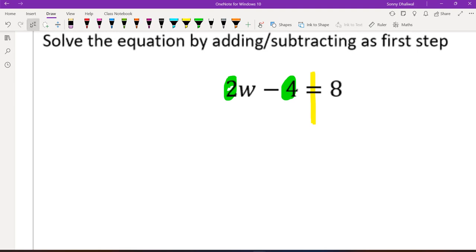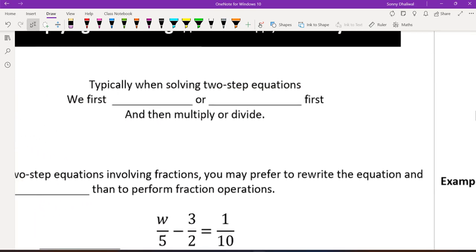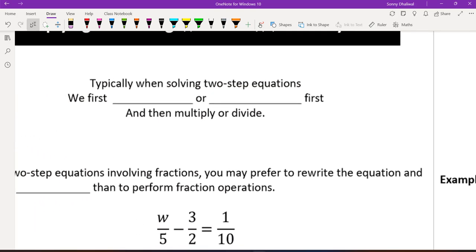Do I try to get rid of that 2 first, or do I try to get rid of that 4 first? In general, most teachers will say, typically when solving equations, we add or subtract first, then multiply or divide, as in the operations we try to get rid of numbers.